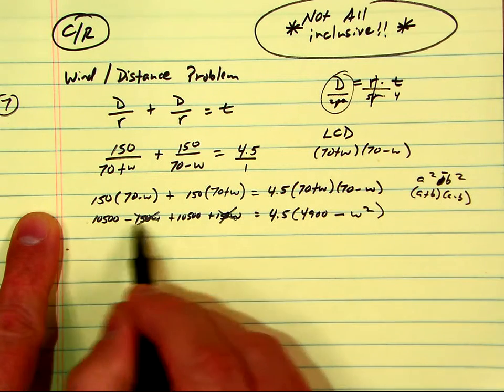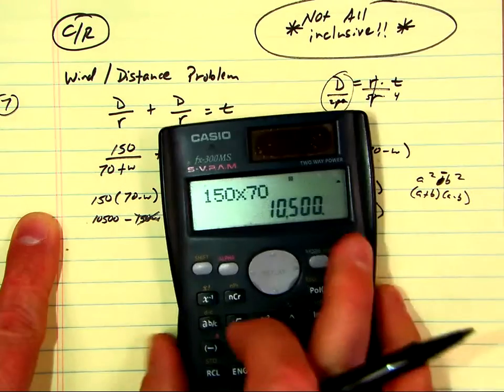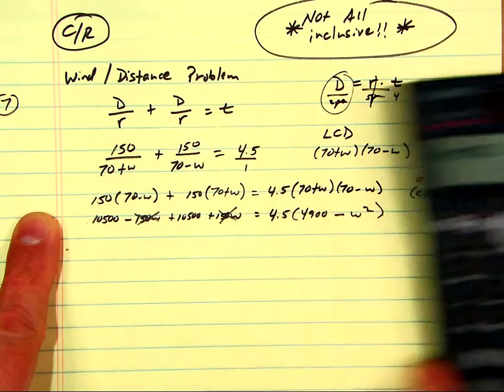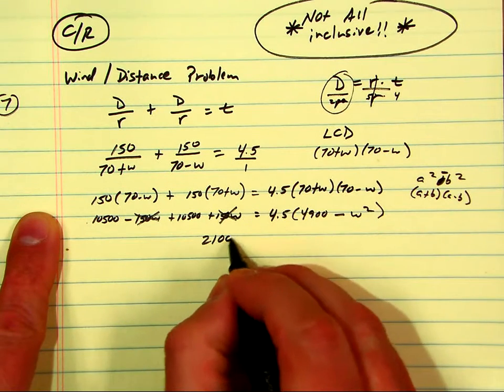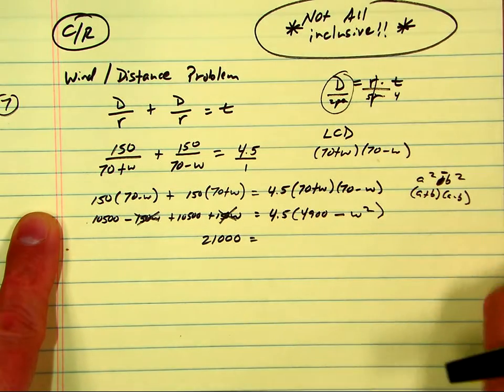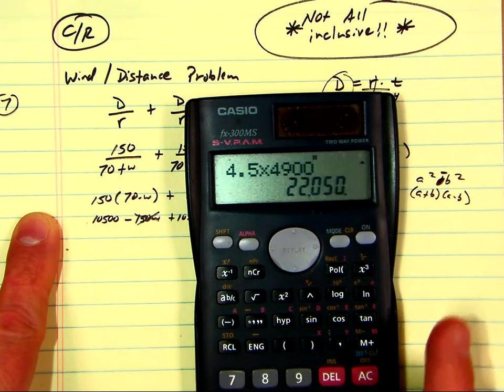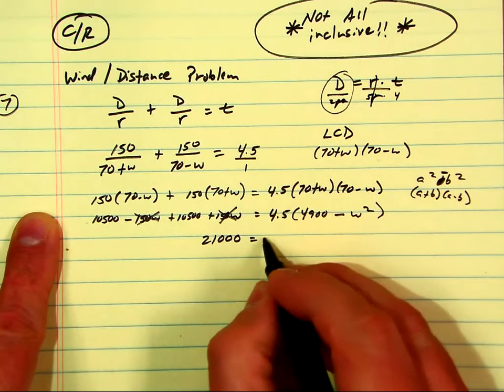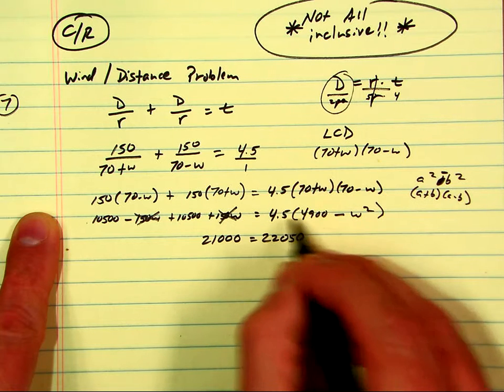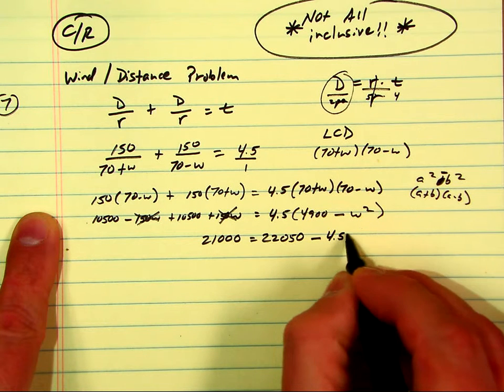Okay, so 10,500 twice, I do believe, is 21,000. And 4.5 times 4,900 is 22,050. And we've got minus 4.5 w squared.